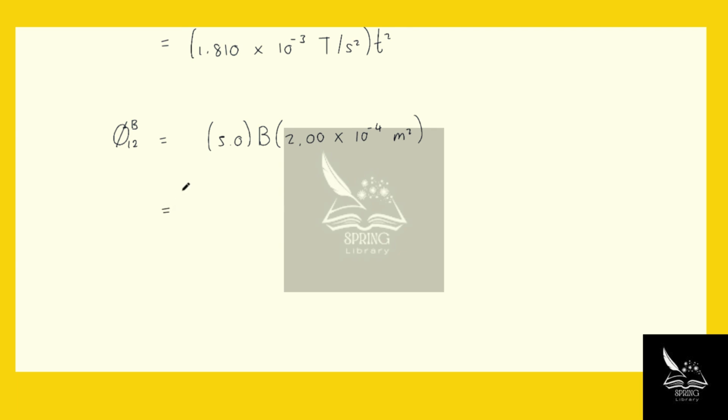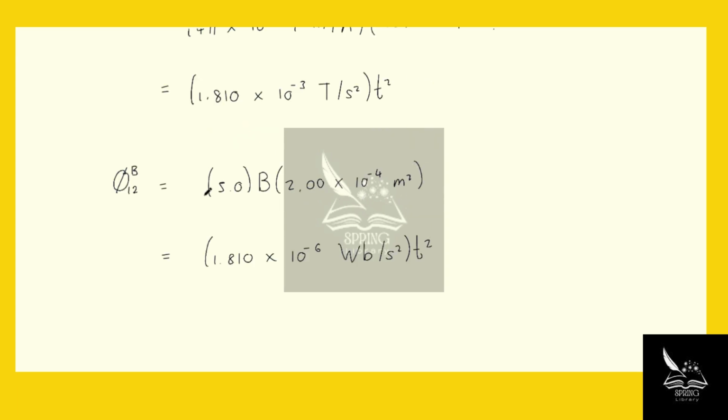So if we substitute B into this expression, we get the flux through the second winding to be 1.81 times 10 to the minus 6 Webers per square second times t squared.